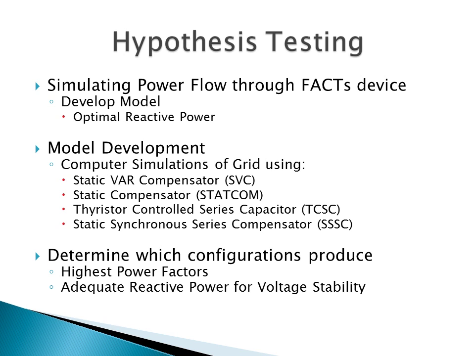The model will be developed by running a series of computer simulations of the grid using a static VAR compensator, or SVC, a static compensator, STATCOM, a thyristor-controlled series capacitor, or TCSC, and a static synchronous series compensator, or SSSC, first individually, then in combinations, to determine which devices and configurations produce the highest power factors consistent with maintaining adequate reactive power for voltage stability over a realistic range of loads.